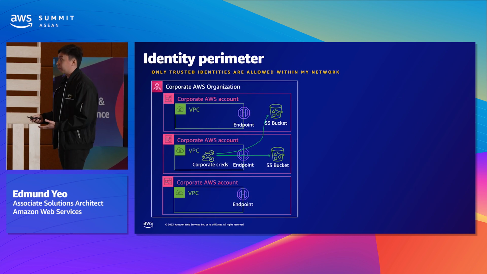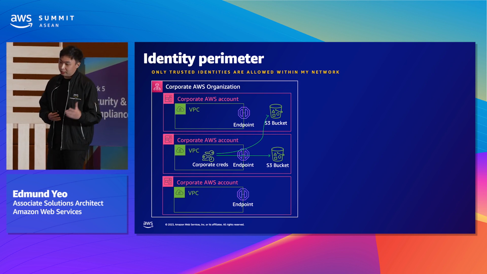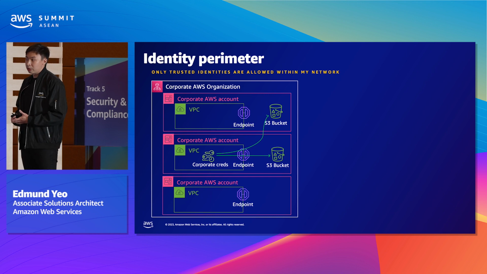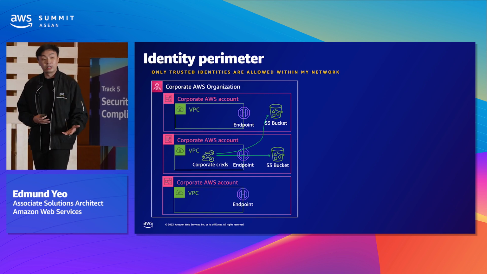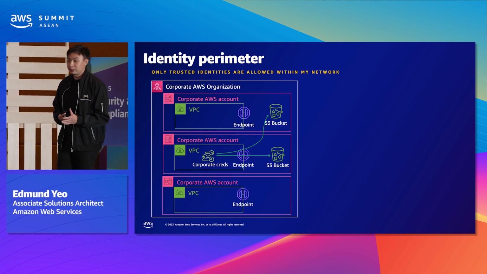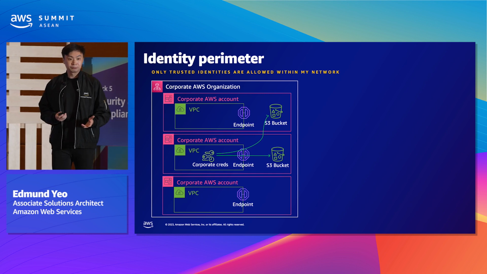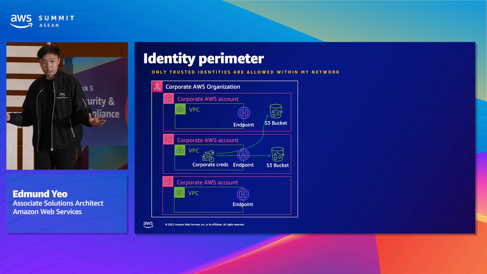So on to the next scenario on the identity perimeter. Just a quick thought on your part: are you actually concerned about your developers bringing their personal account credentials into your network, and they try to transfer data that resides in your corporate network to a personal S3 bucket? I think there are some nods in the crowd, right?